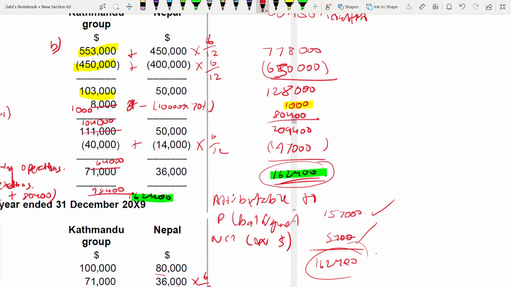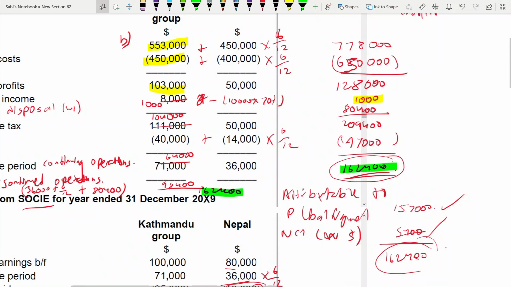Okay. Now we are moving on to part C, which is a partial disposal. Okay. Before that, let me show you one difference.